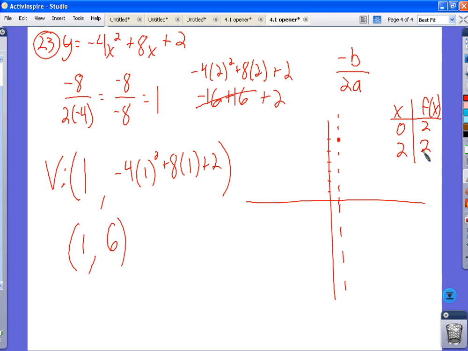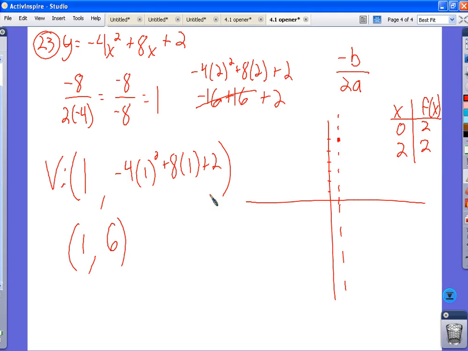How did you get the negative 4, 1, and all that to the y? Where do you get the 1? This 1? From here? Just plug 1 into that. Plug in 1 for x, and find out what y is.